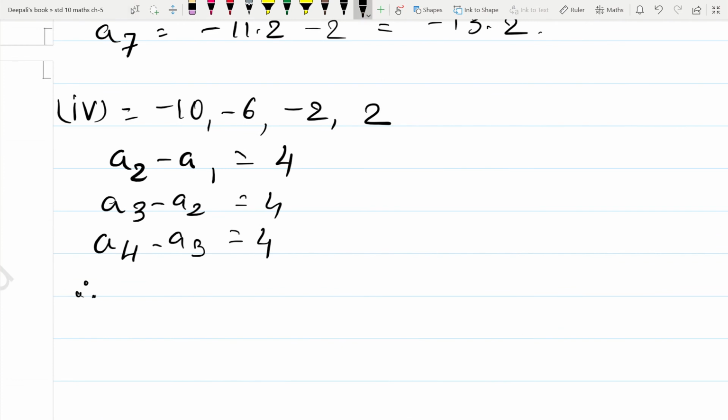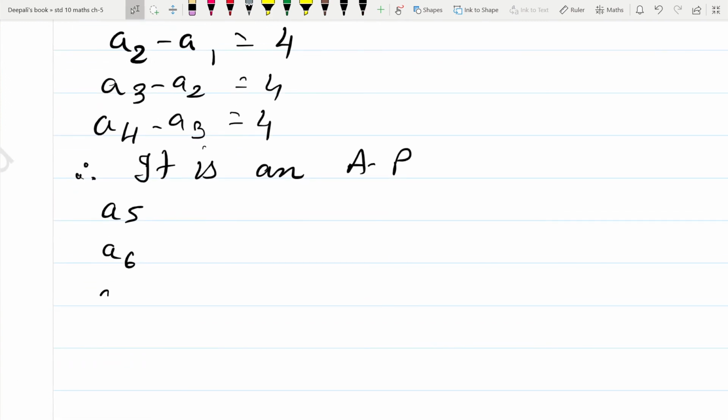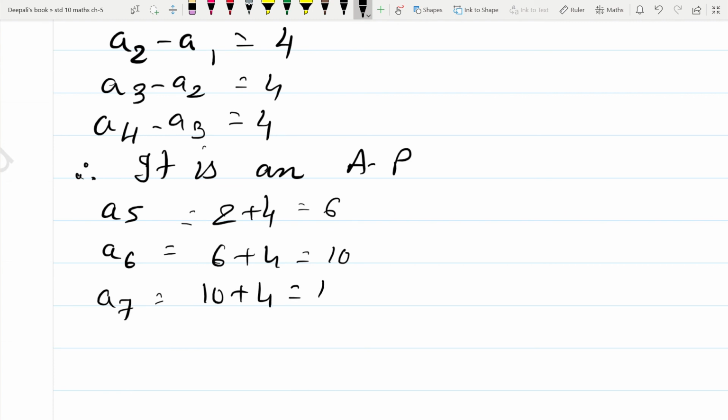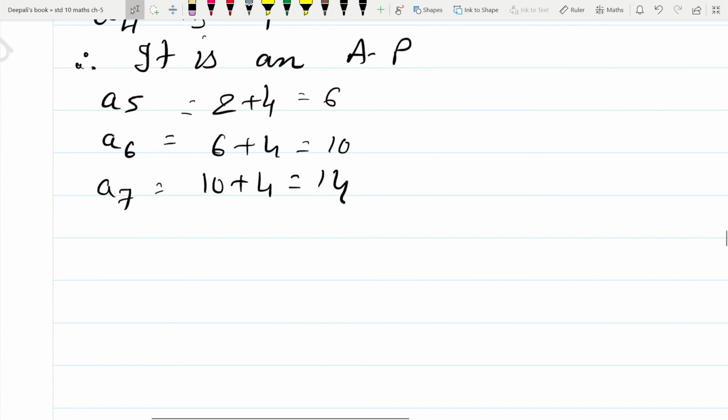Therefore, it is an AP. Now A5, A6, A7 is 2 plus 4, 6, 6 plus 4, 10, 10 plus 4, 14. So that is an AP.